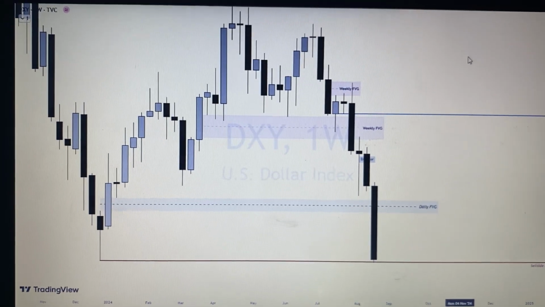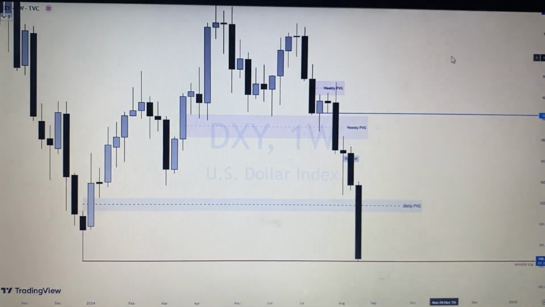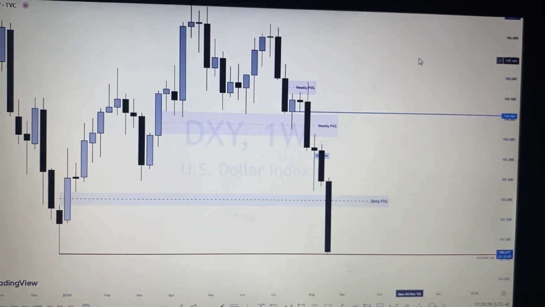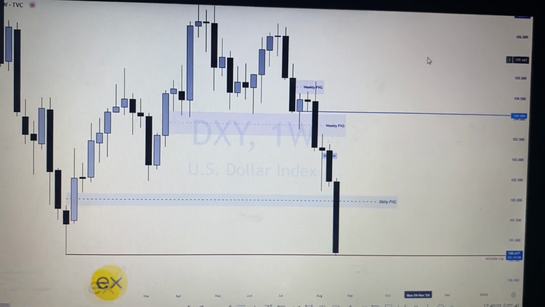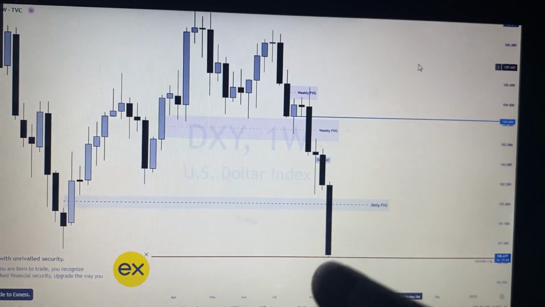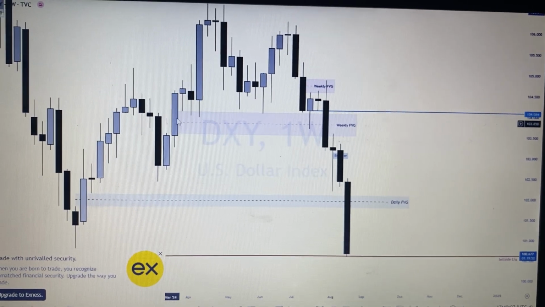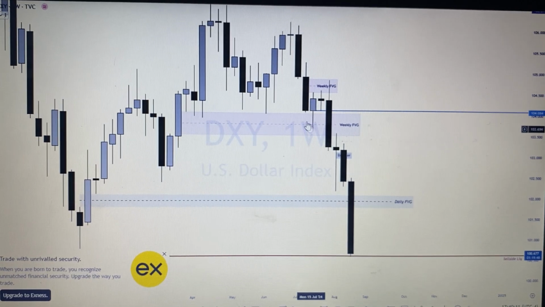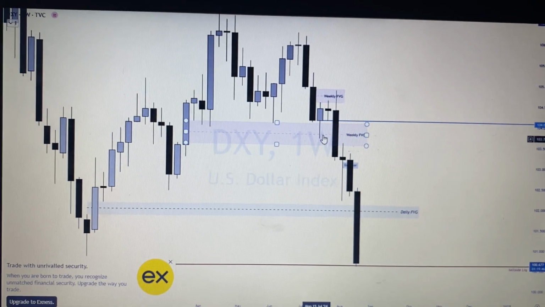So when we tap into the weekly time frame, already your daily bias must be bullish. You must expect bullish candlesticks from that bullish fair value gap. This is a bullish fair value gap. You must expect bullish prices. So how many days are here?